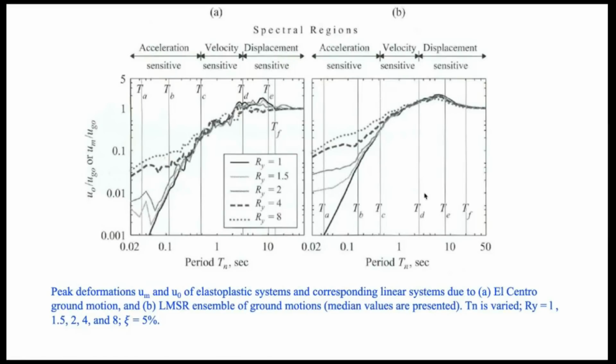It is written as LMSR, where LMSR represents the large magnitude and short distance ensemble of ground motions. So it's a set of ground motions that are selected for large magnitude and short distance between the site and the fault.